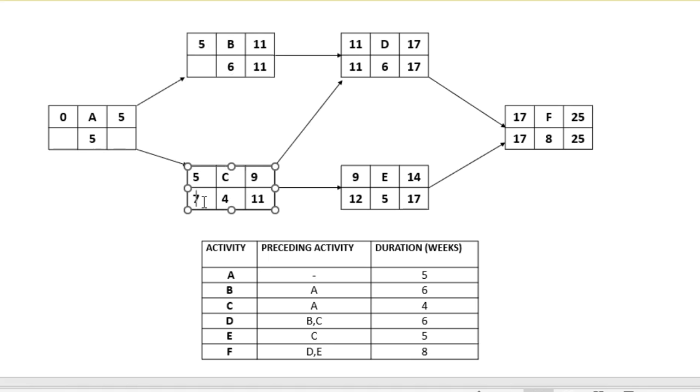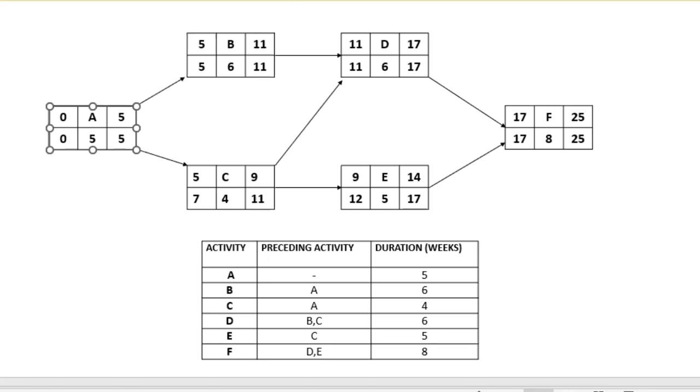So 7 weeks is the latest start time for C. For B, the latest start time is 11 minus 6. That is 5. So you get 5 weeks. Latest finish time for A is 5 weeks, as B and C will start in 5 weeks. And to get the latest start time for A, 5 minus 5, that is 0.